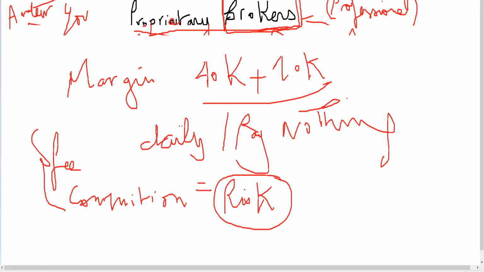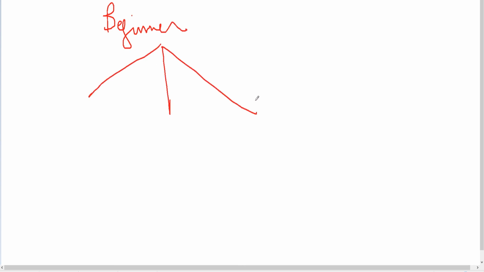Never go to three things. I'm telling you. I will just put this on paper, just as an explanation. If you are a beginner, you just begin to trade, there are three things.